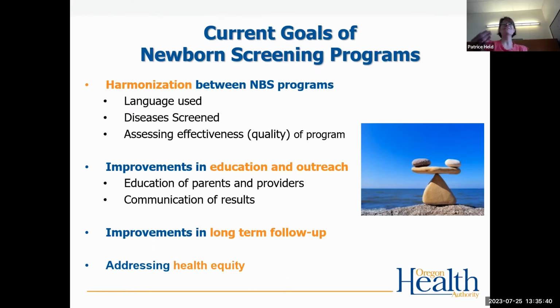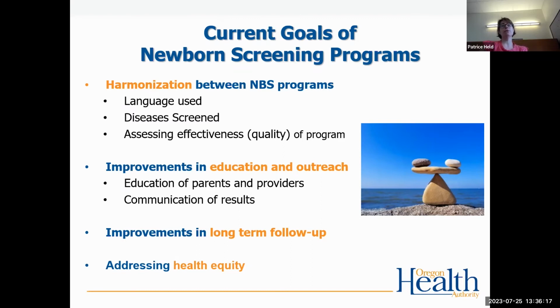We also know that we have a lot of work to do to provide education and outreach to providers, whether that is in reminding providers about the timelines around newborn screening and optimal specimen collection, or reminding providers about what screening results mean and how they are different than a diagnostic test. So I think there's many different work groups that are aimed at improving education and outreach within newborn screening.